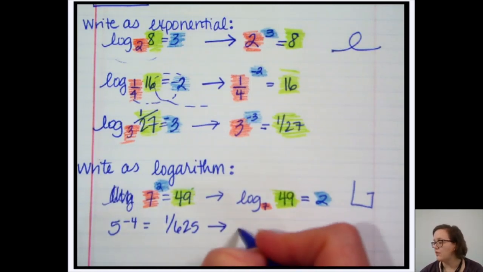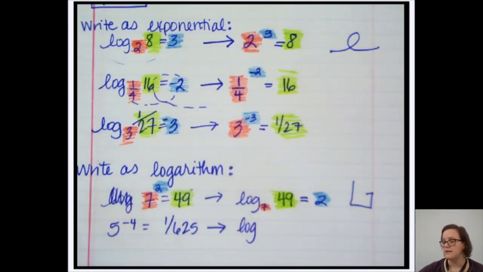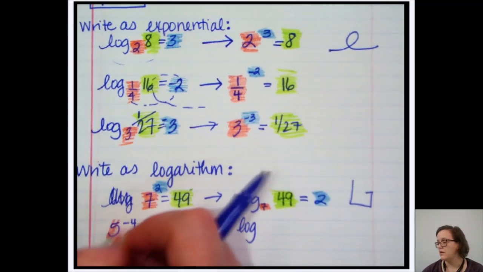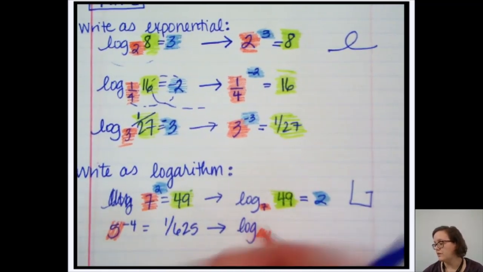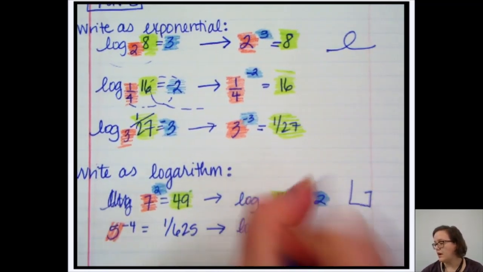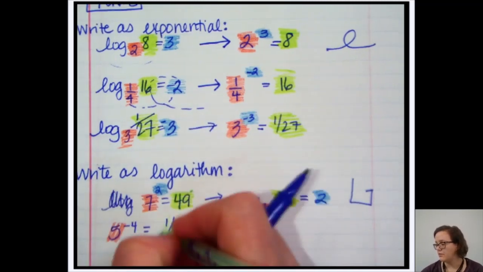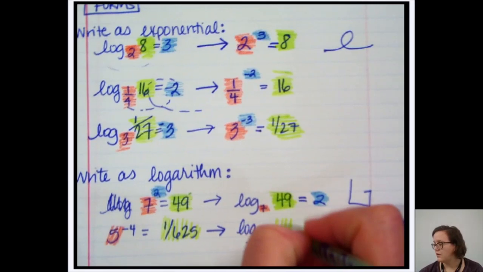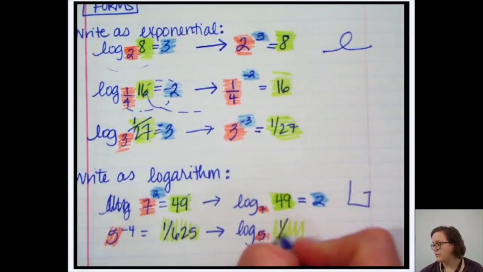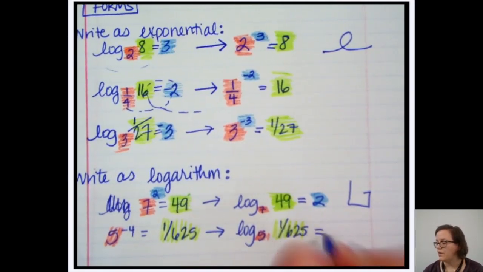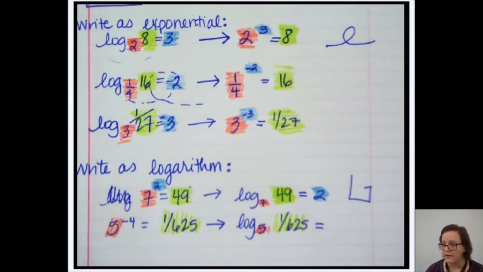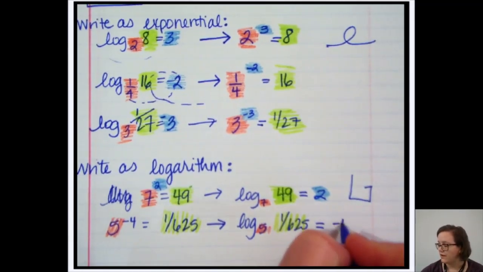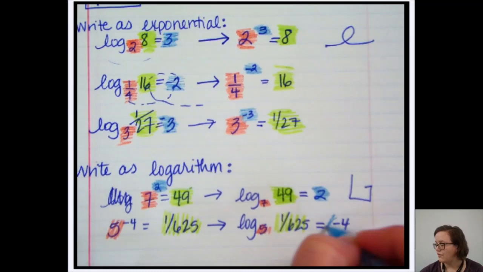So to make this a log, we need a log and a base. Our base is 5. Of what? What number do we get as an answer? And it's a 1 over 625. And then what is our logarithm, or what is that exponent? It was a negative 4.